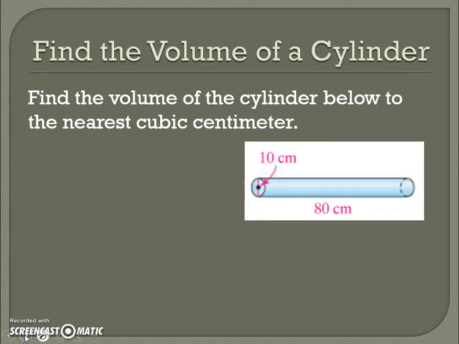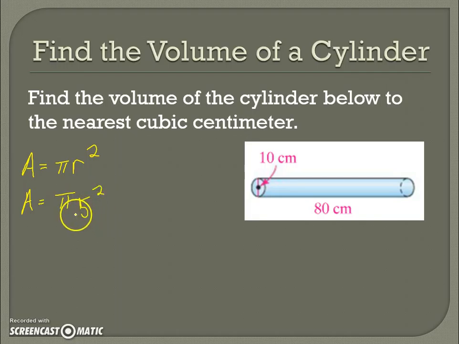Let's keep going. It says find the volume of the cylinder below. So the first thing I'm going to have to do is find the area of the base. The area of the base of a circle is going to be pi r squared. Now when I go and substitute this in, I don't have a radius, I have a diameter, so I have to cut that in half. So that's going to be 5.